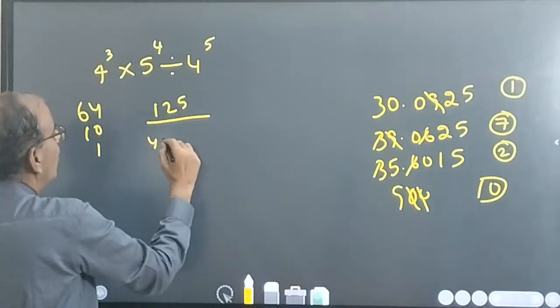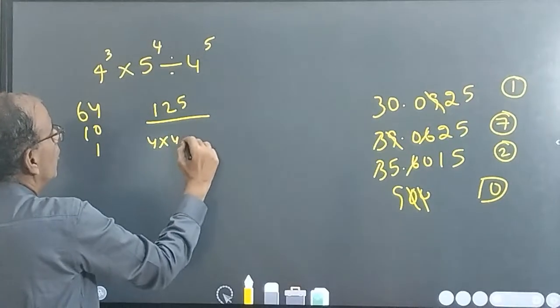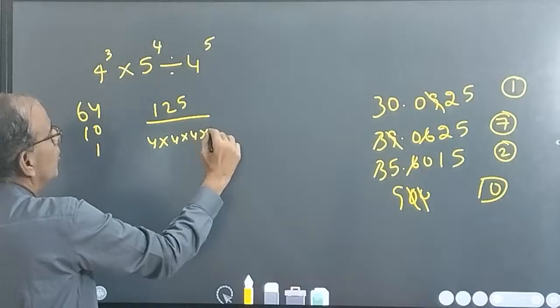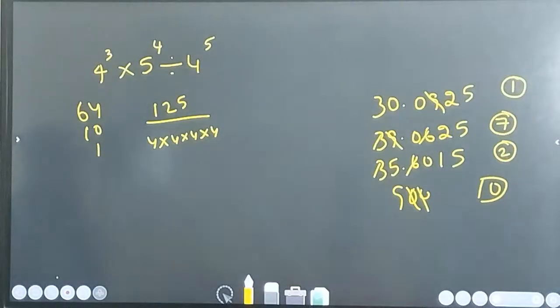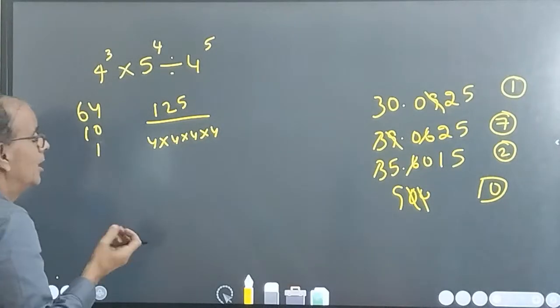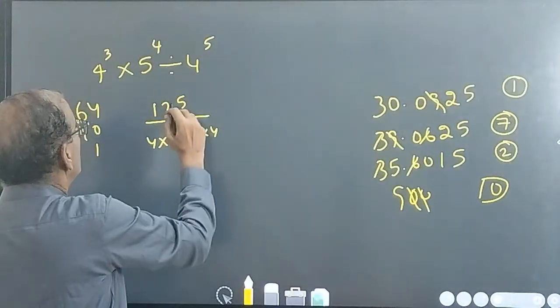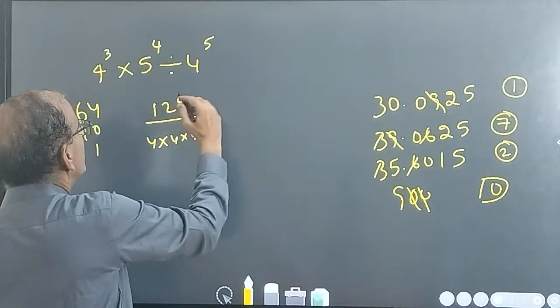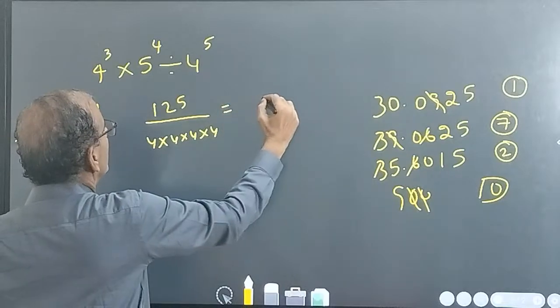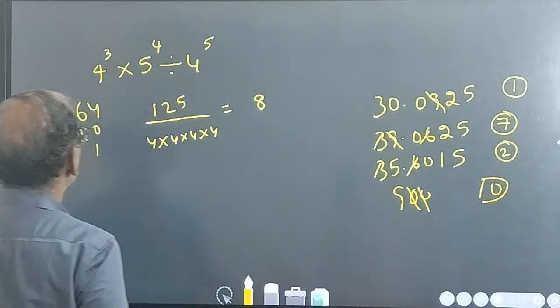That is 4 into 4 into 4 into 4. Okay. How much this time it will come? 5. 1 plus 2, 3. 3 plus 5, how much? 8. Correct?